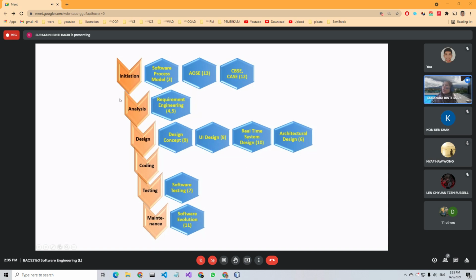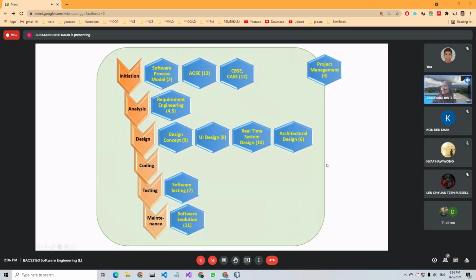All of the chapters that we have learned since the early semester are the things you need to know in order to develop software. This is what we call software engineering, so this is the software engineering stages.